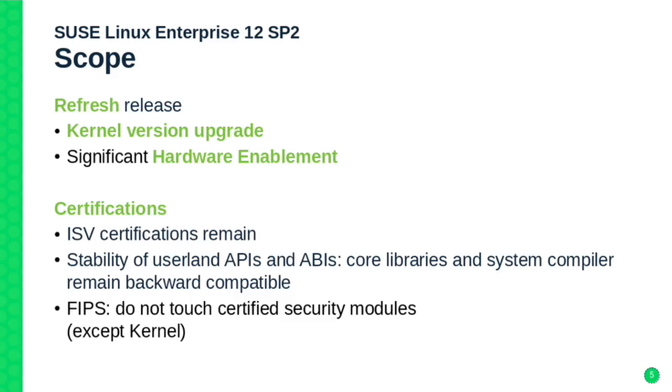A refresh release means features, massive upgrades of versions, but keeping still everything stable, upgradable, and still usable. So you see here, we have a kernel version upgrade. We'll come to that later. We have significant hardware enablement, which goes as far as even adding a new platform.